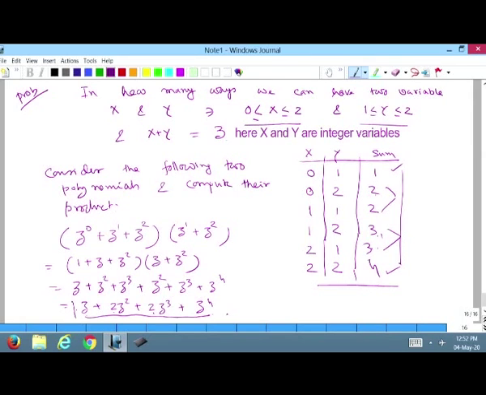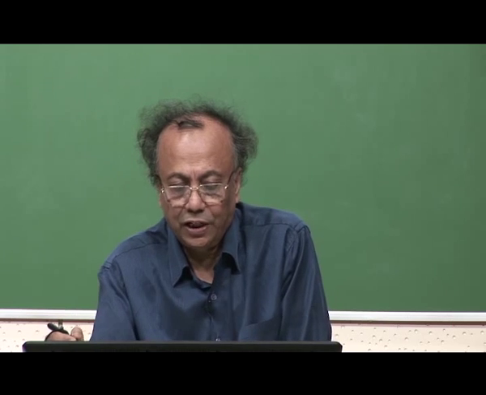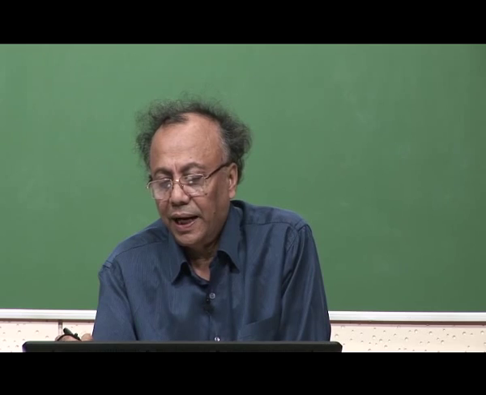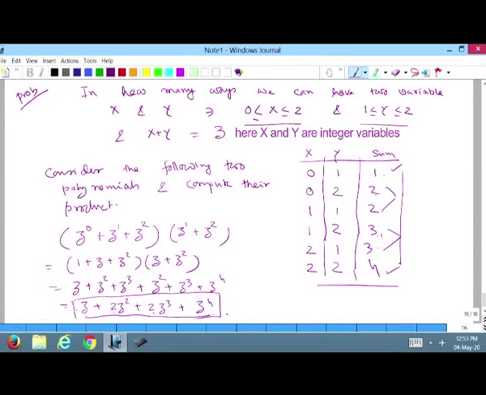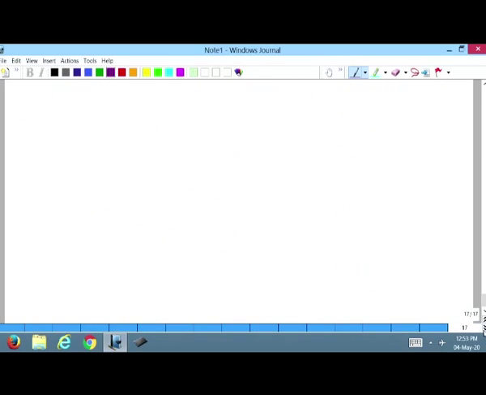Thus, this polynomial gives the number of solutions for any combination adding up to say 1, 2, 3 and 4. So, this is the trick that allows us to solve many problems. Let me give you another example.